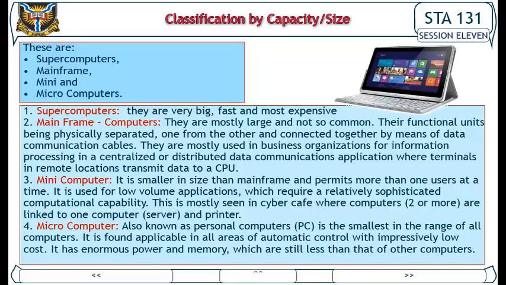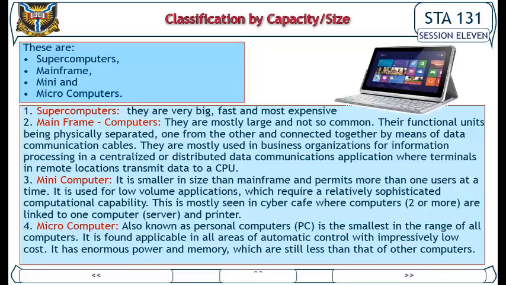They are mostly large and not so common, their functional units being physically separated, one from the other, and connected together by means of data communication cables. They are mostly used in business organizations for information processing in a centralized or distributed data communications application where terminals in remote locations transmit data to a CPU.